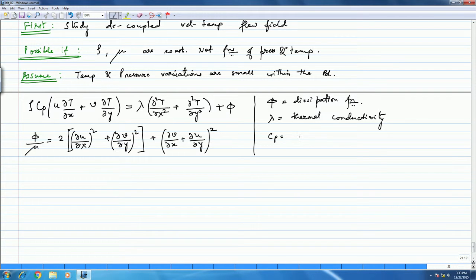Cp is the coefficient of pressure, right? So the equation that I have written here, I'm going to call this one, okay? So this equation is essentially 1 and this is 2, okay?